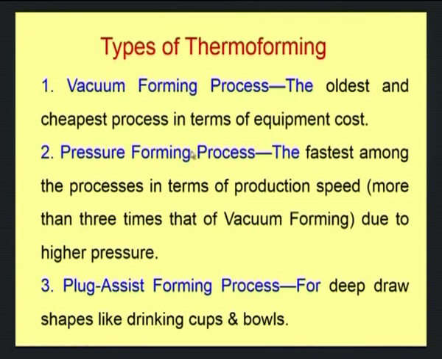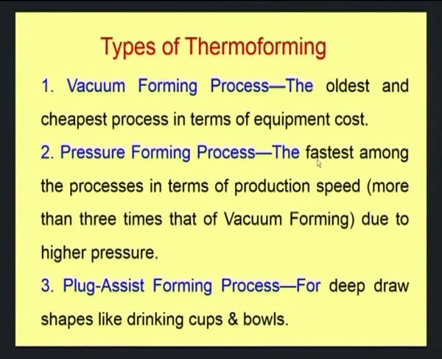Now, the next method is the pressure forming process. This is the fastest method in terms of production speed, because if you increase the pressure, then the production rate could automatically increase. That means the resin will take less time to take the shape of the mold. So, typical speed is 3 times that of vacuum forming.